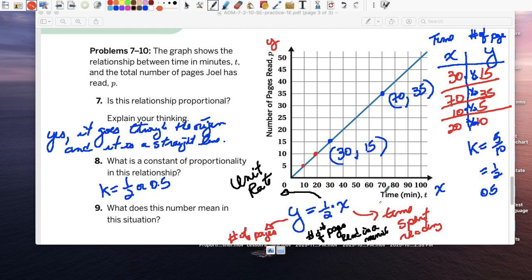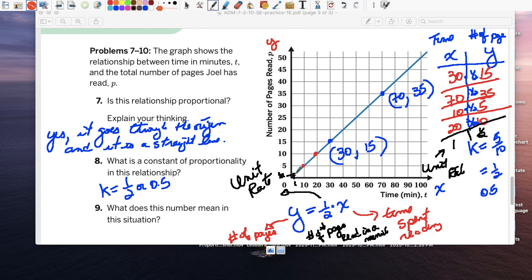So if I went over here and put the 1, let me add the 1. If we give Joel 1 minute, how many pages would he read? He would read half a page. That's my unit rate. So my unit rate in the table, my unit rate here in my equation, and here I'm going to put a 1, and this would be half a page.